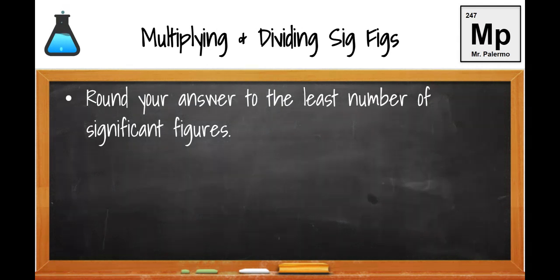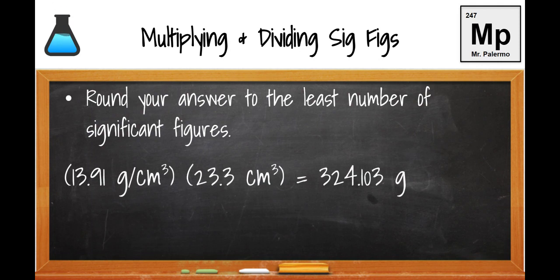All right. Now, looking at multiplying and dividing, they follow a different set of rules. We're going to round our answers to the least number of significant figures. For example, 13.91, those are all numbers, so there are 4 significant figures there. 23.3 has 3 significant figures.